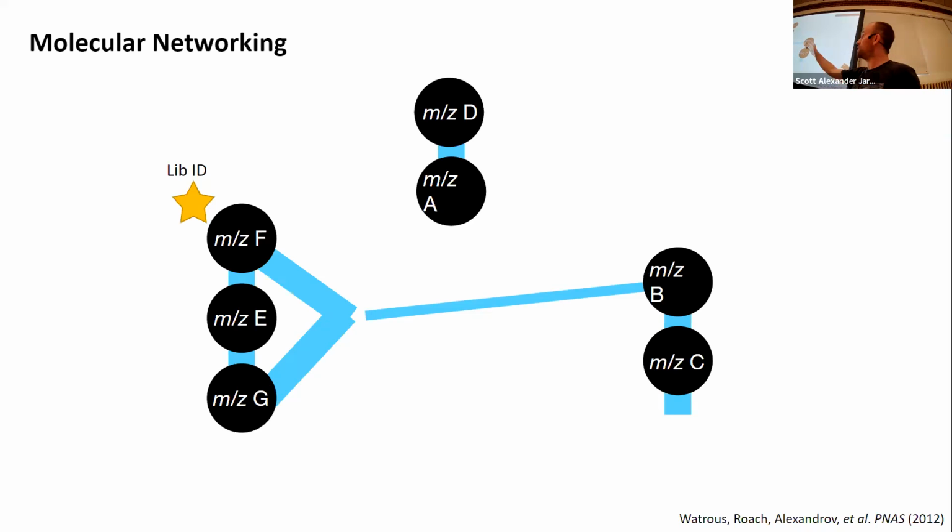If you know that this node F has a library ID, indicated through the star, and there are two other nodes that are very similar based on their MS2 spectra, we generate a hypothesis that the structure must be similar. We know the structure of F through the library match, and then we can say, okay, E and G might be similar to this molecule.